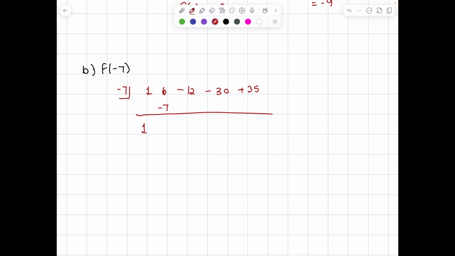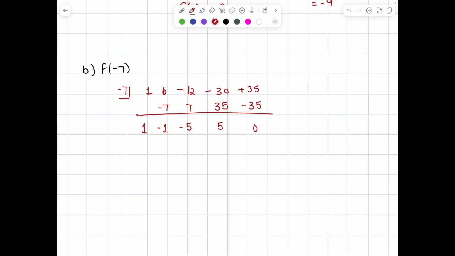That gives me -7. -7 plus 6 gives me -1. -1 times -7 gives me a +7. 7 plus -12 gives me -5. -5 times -7 gives me +35. +35 plus -30 gives me 5. 5 times -7 gives me -35. And -35 plus 35 gives me 0.